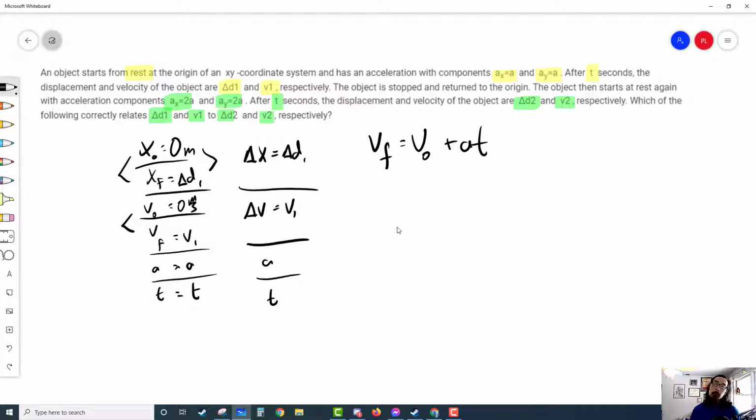At this moment, what you should do is identify what are my zeros. I know my final vf is not a 0, so that remains true. My initial velocity is a 0, so I'm going to get rid of that. That's a 0 plus at. Let's just clean up this equation a little bit. Boom. So what we have here is our relationship.